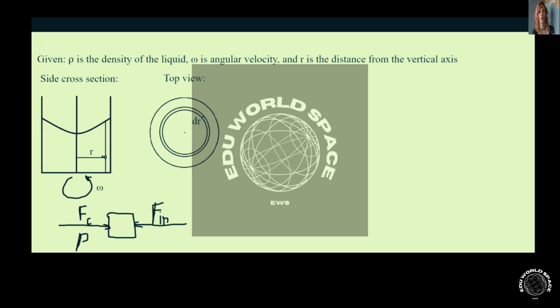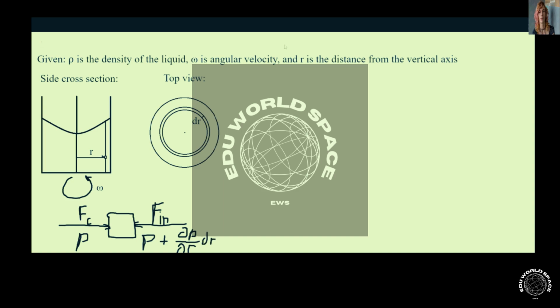The pressure here is also going to be P, same pressure, but we also have to account for any changes in pressure that might have occurred over this tiny little distance dr. So what we can do is take a little expression for the change in pressure, which is the change in pressure with respect to r, and multiply it by that tiny distance dr.